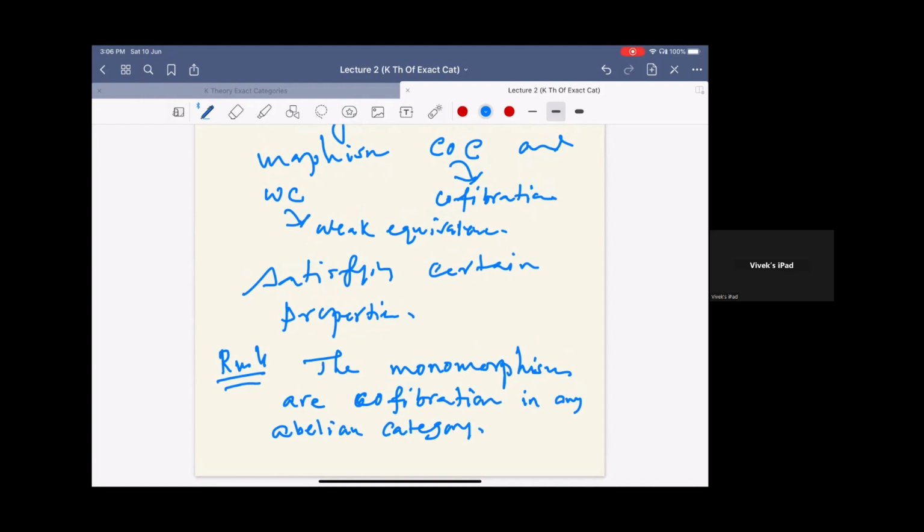So any abelian category is a category with cofibrations. What we demand in a Waldhausen category is that monomorphisms play the role of cofibrations in an abelian category.